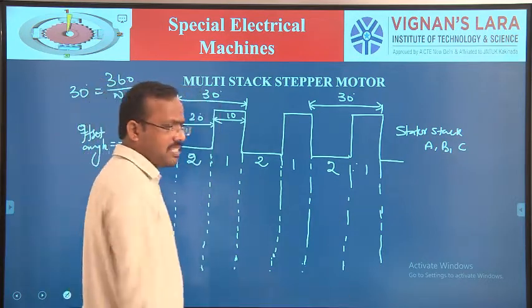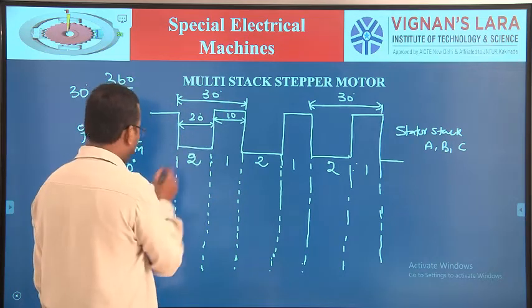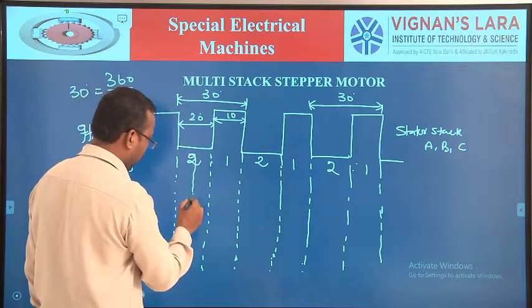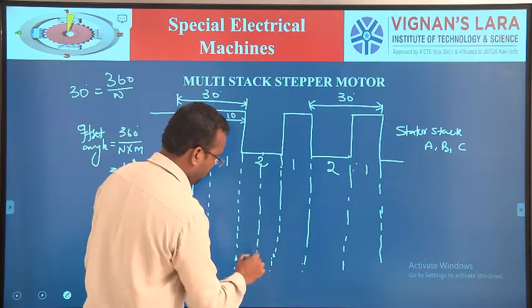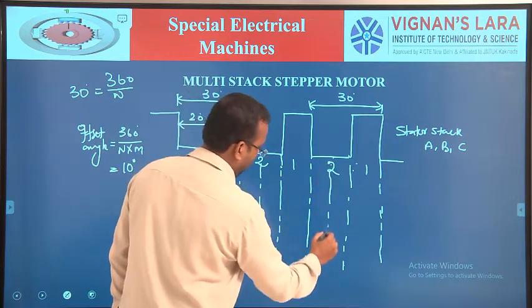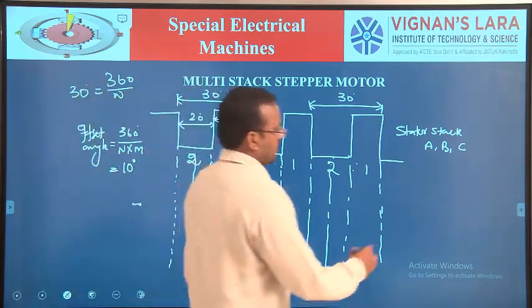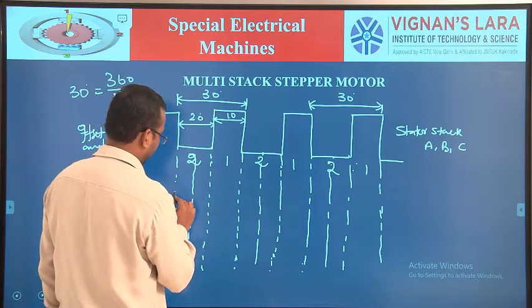We have three rotor stacks. So we also will divide here, the offset angle or step size we have is 10. So we can use it also like this, so it is easy for you for understanding purpose. Okay, so first we will draw the stator stack A.